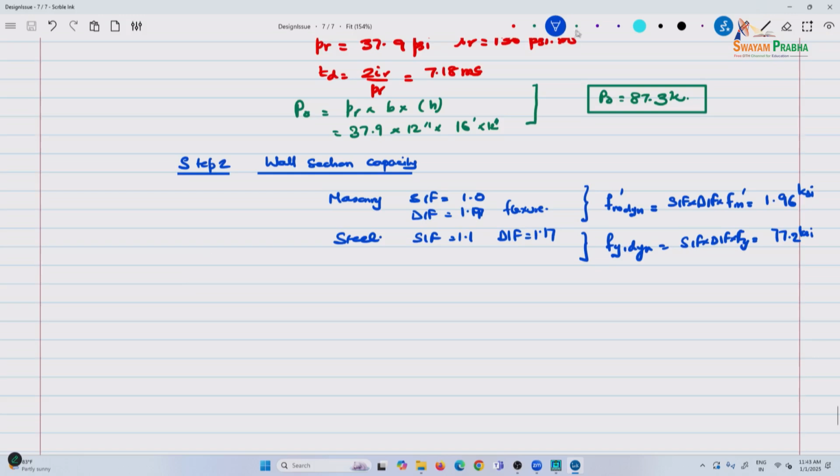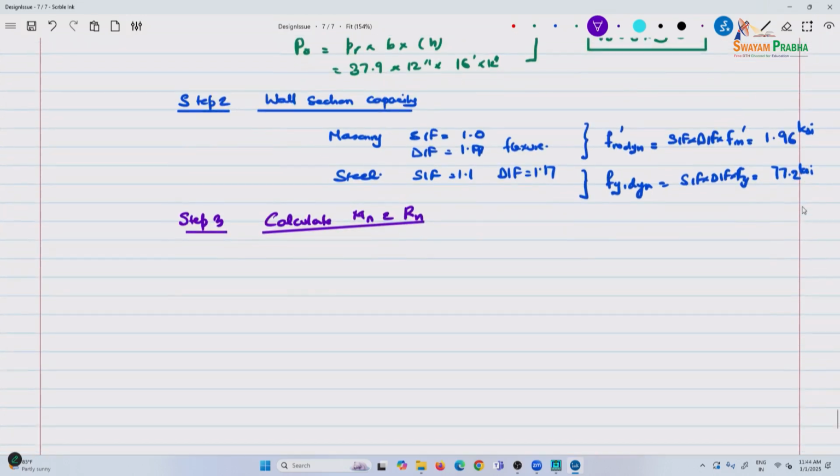Then calculate Mn and Rn. You don't need the remaining moment capacity here. This is a wall. Those are only for roofs that you need to do the remaining moment capacity. So, the way it is designed is, suppose you have the reinforcement here, and the reinforcement is typically grouted.